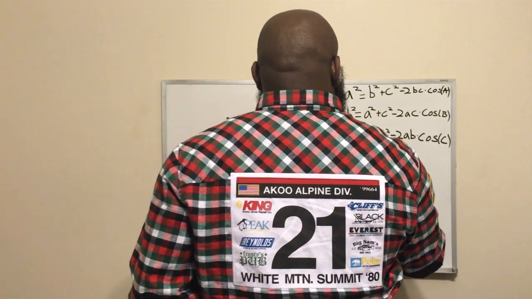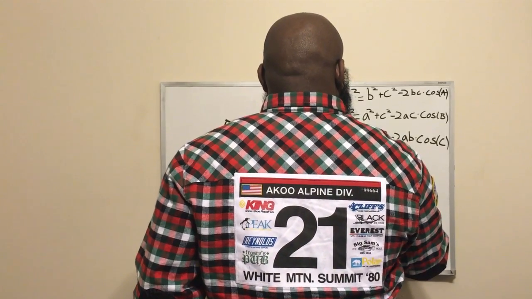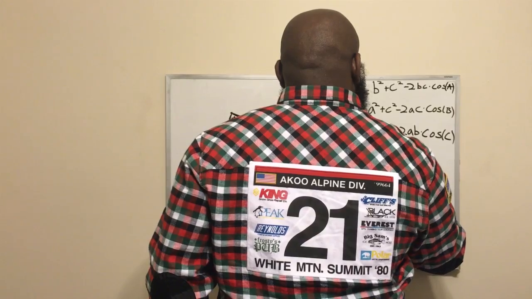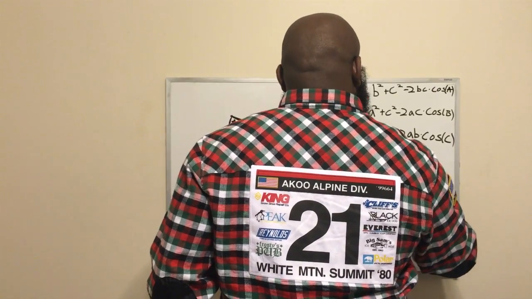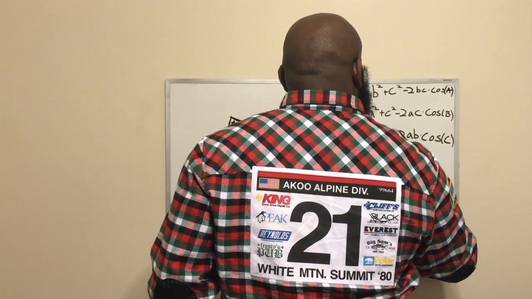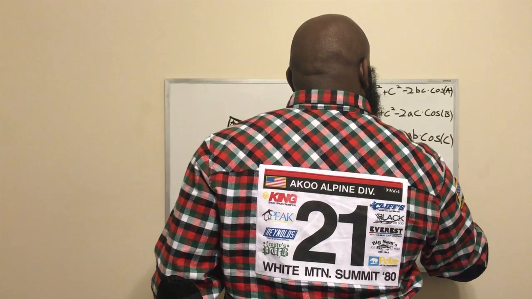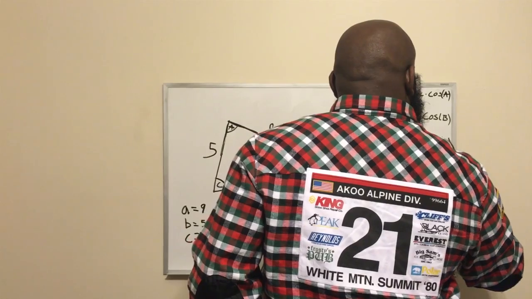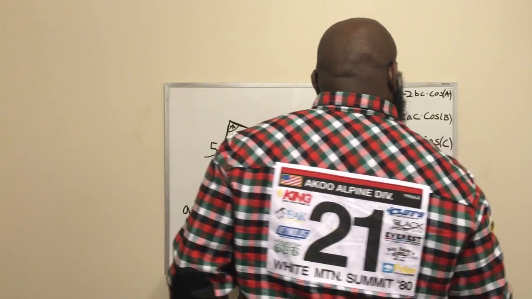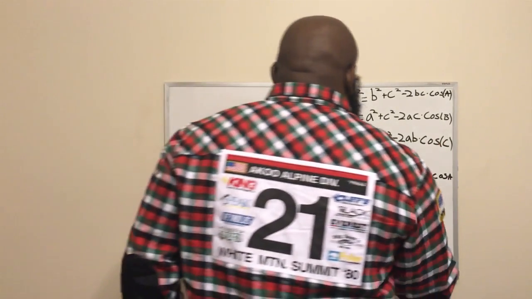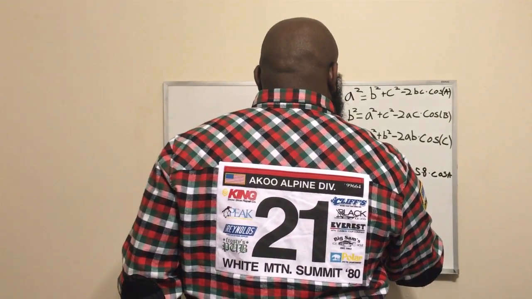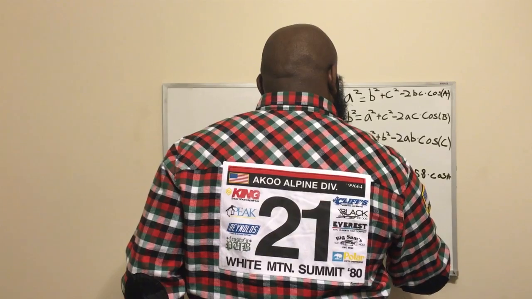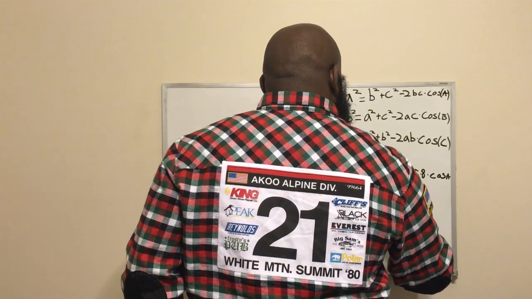Let's say that 9 squared is equal to 5 squared plus 8 squared minus 2 times 5 times 8 times cosine A. 9 squared is 81. 5 squared is 25. 8 squared is 64.